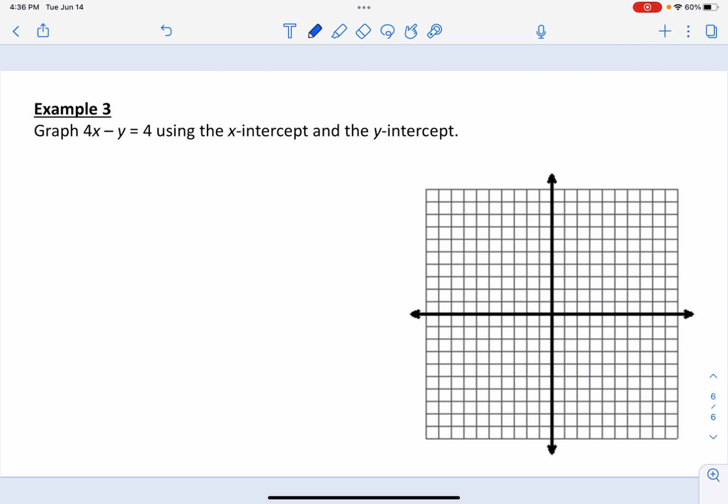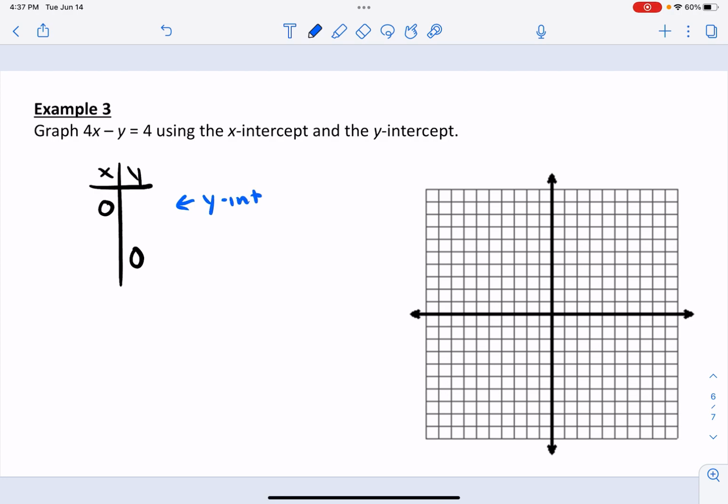Okay, graph that using x and y-intercepts. So again, what I like to do is set up an intercept chart. So I make x 0 and y 0. Again, remembering that when x is 0, that's my y-intercept.